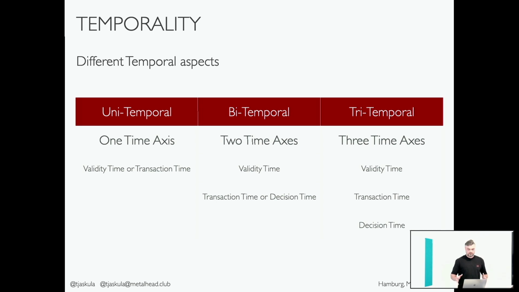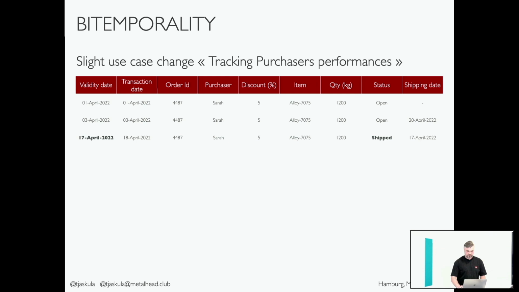So given that, we can go forward. We can say that there may be a use case like tracking purchase performances, and each individual purchaser's performance can be evaluated based on how much discount they can get from the supplier.